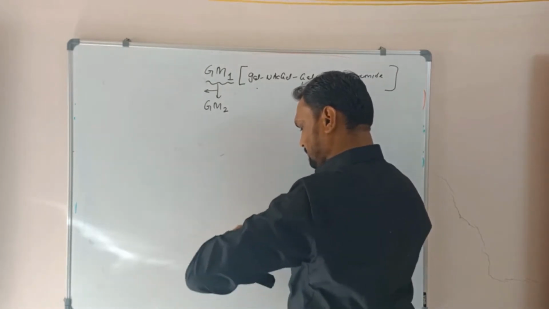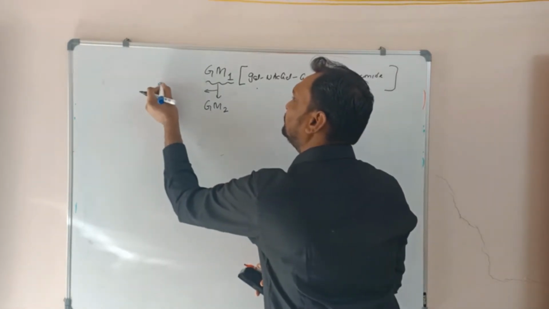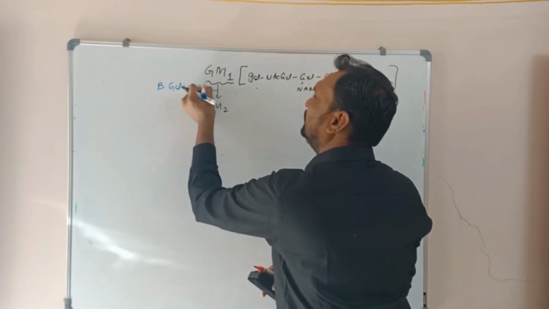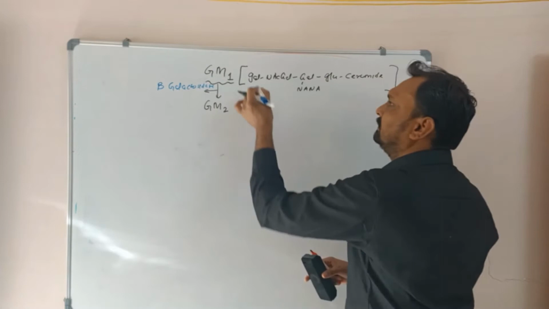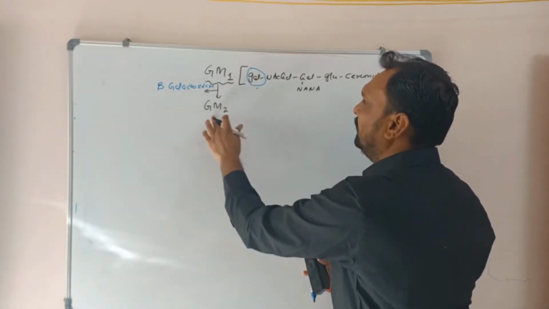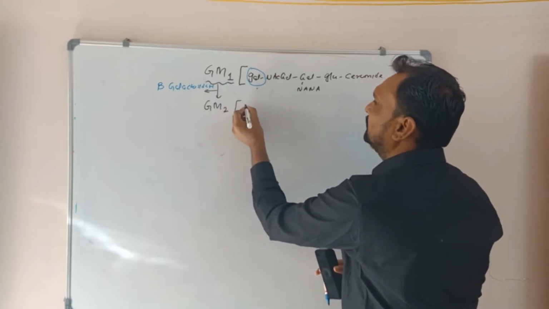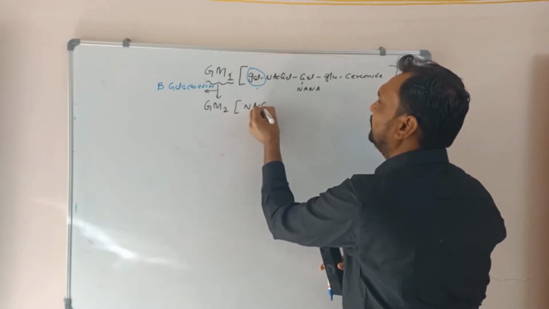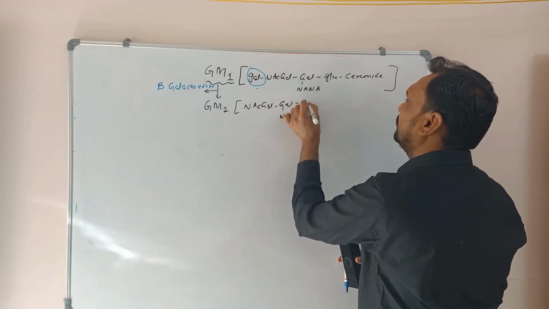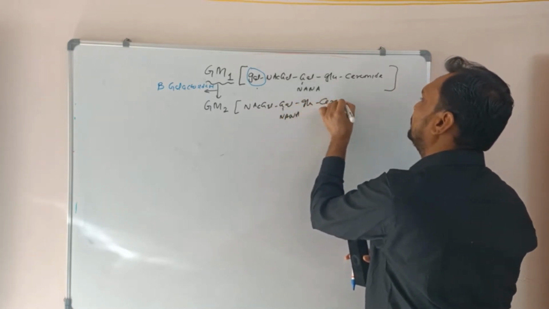So you can see this galactose group will be removed from GM1 and it will form GM2. So what will be the structure of GM2? There is N-acetyl galactosamine, NANA, glucose and ceramide.